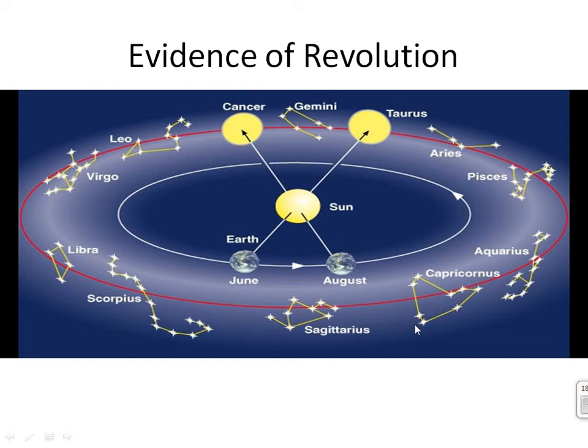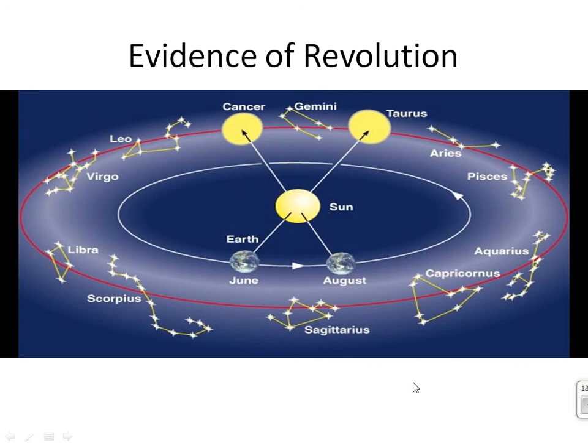And the reason those patterns of stars change is because the Earth is revolving around the sun in its orbit. And as a result, at nighttime on planet Earth, we see different portions of the night sky and therefore see different constellations. So there's evidence number one, changing constellations.